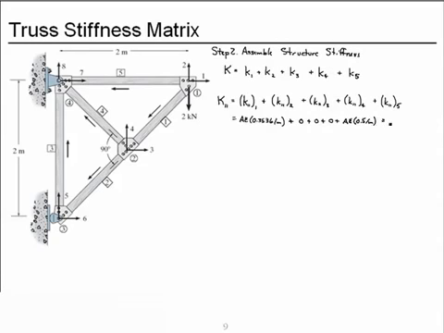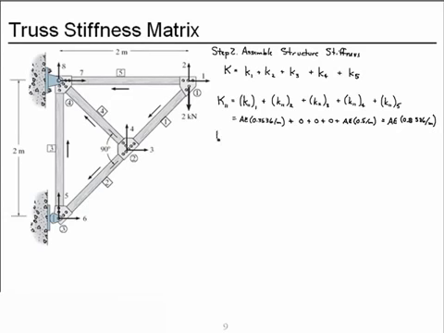When I put those all together, my structure stiffness coefficient for degree of freedom 1, degree of freedom 1, that is unit force generated in degree of freedom 1 due to unit deformation in degree of freedom 1, is AE times 0.8536 per meter.